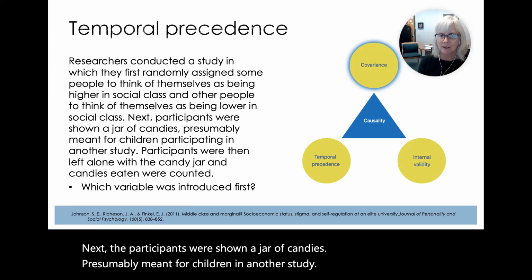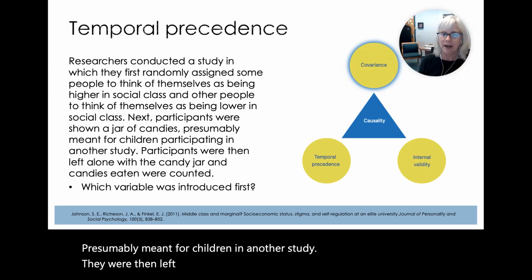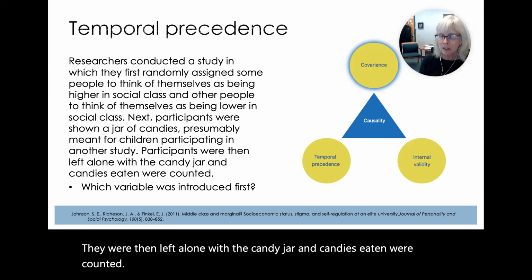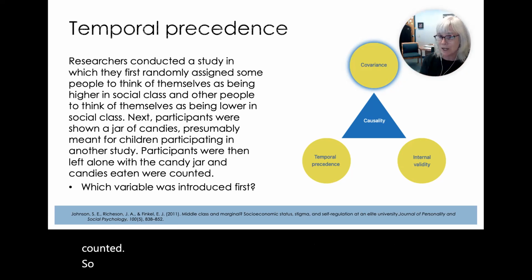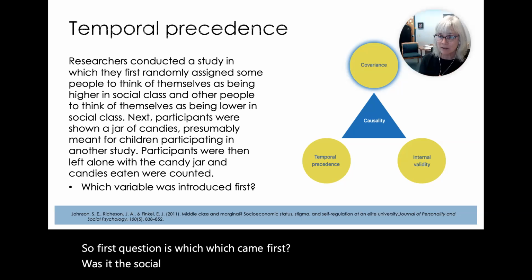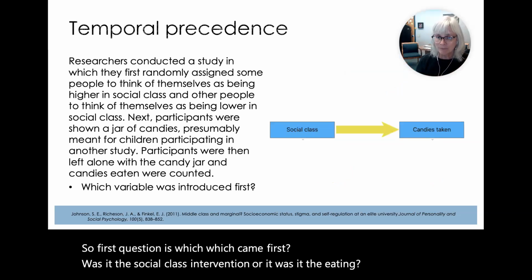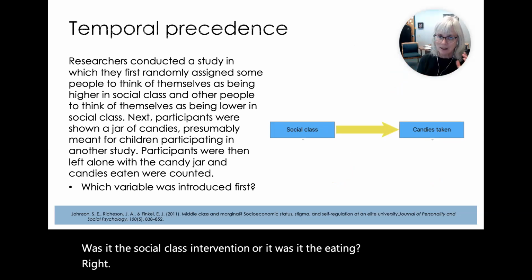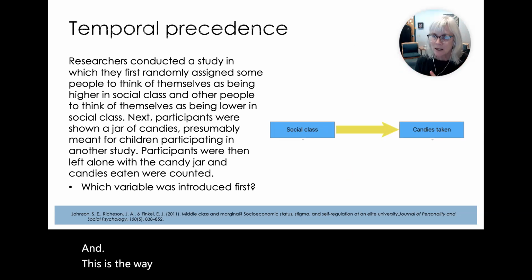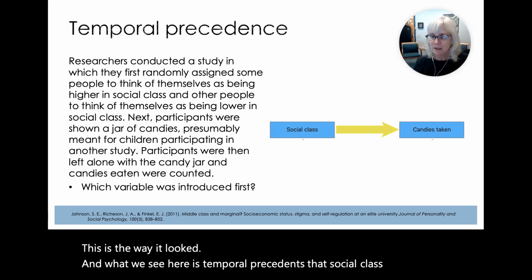They were then left alone with the candy jar, and candies eaten were counted. So first question is, which came first? Was it the social class intervention, or was it the eating? Right? And this is the way it looked. And what we see here is temporal precedence, that social class came before the candies eaten.